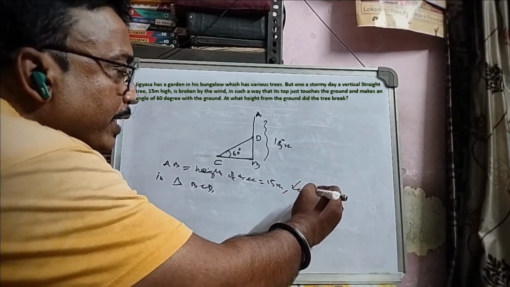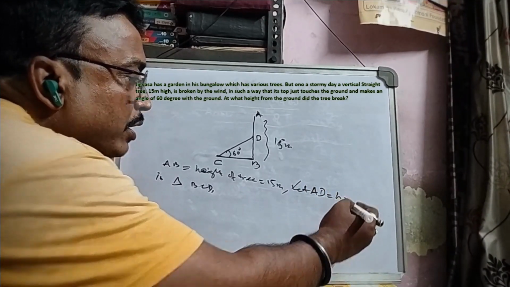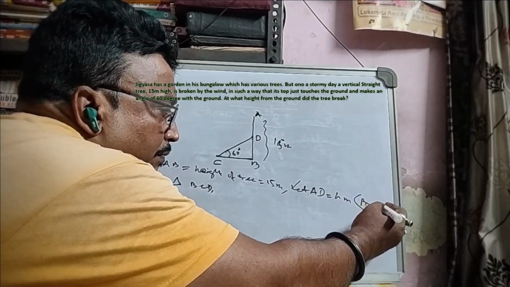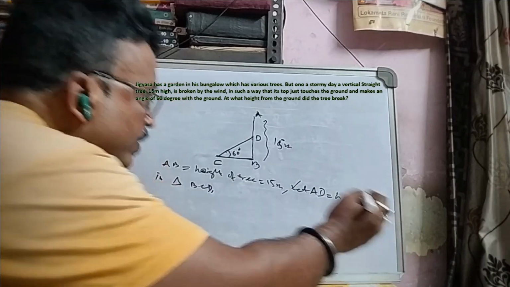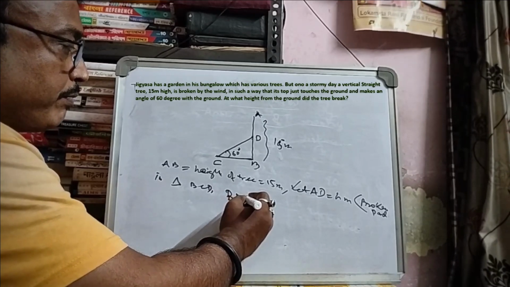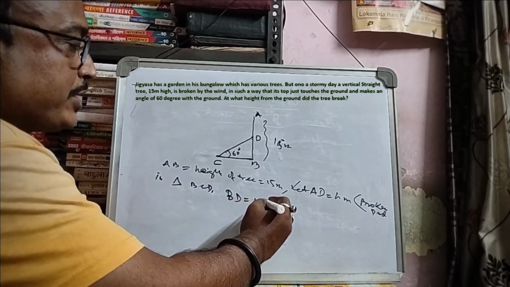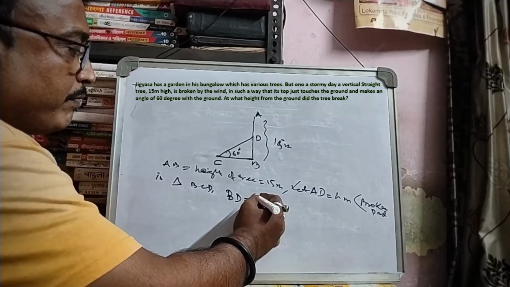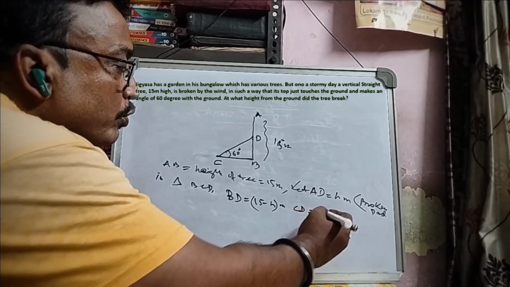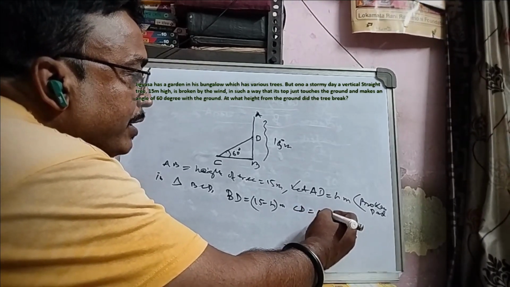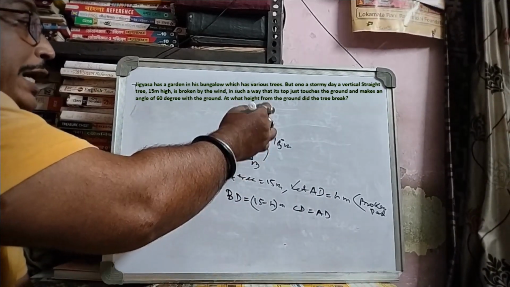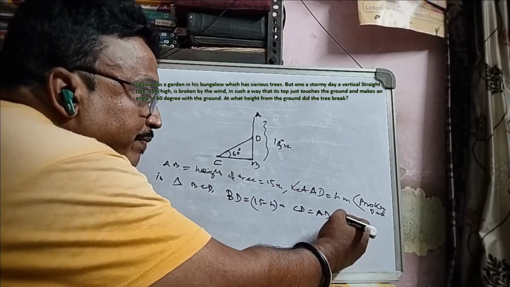Let AD is equal to h meter, मतलब broken part. तो BD is equal to 15 minus h, and CD is equal to, जैसे AD का ये बराबर है क्योंकि ये वाला टूट के यहां पर गिरा है, तो AD and CD both are same, that is h meter.